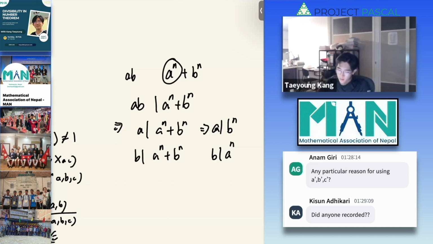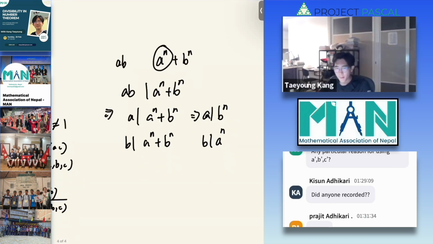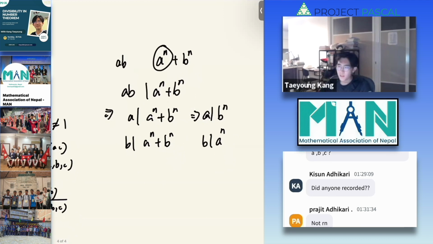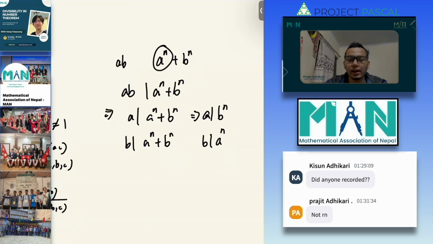So the next approach from here is to try and separate out, group up the different factors that A and B have.